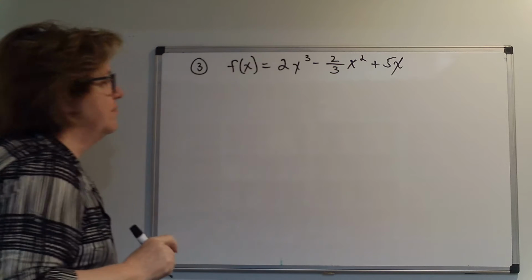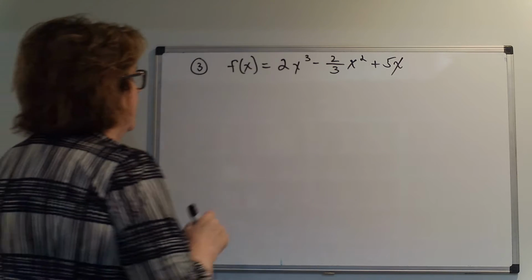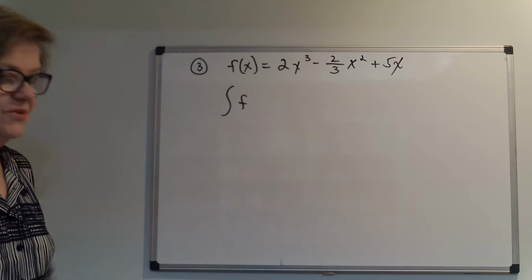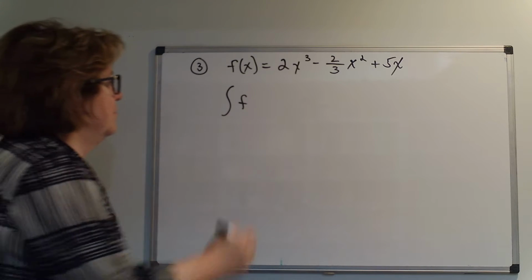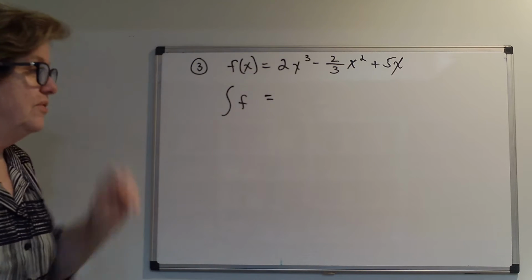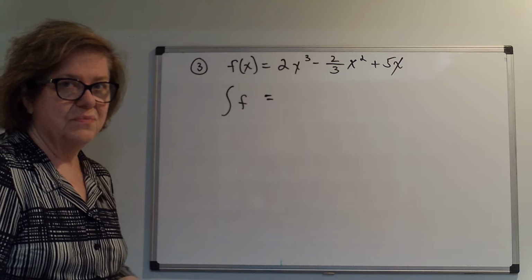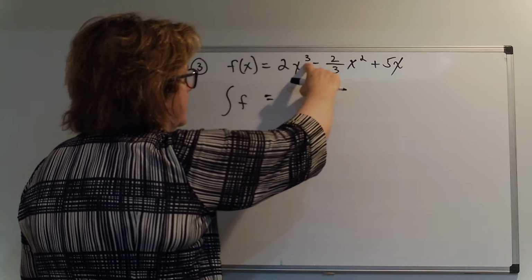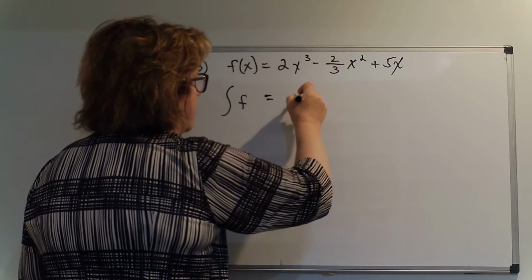The antiderivative for f, I'm just going to call it this. We have to use the inverse power rule. So we add 1 to the exponent and divide by that power.